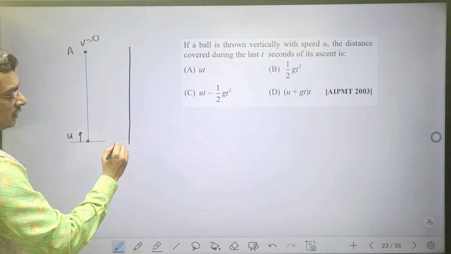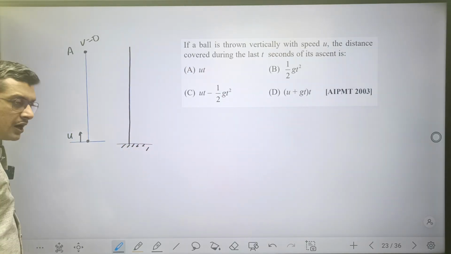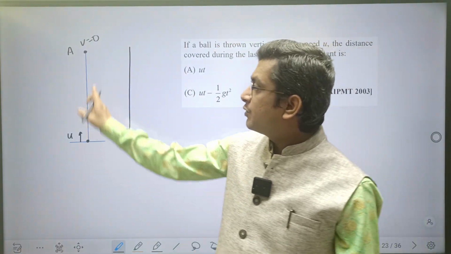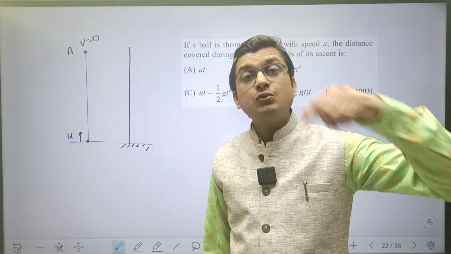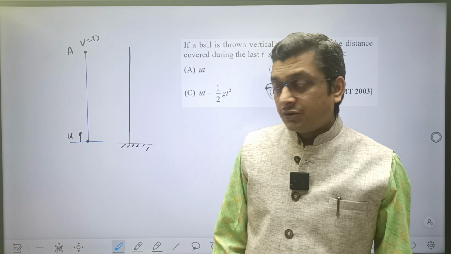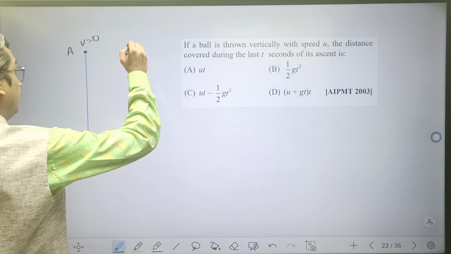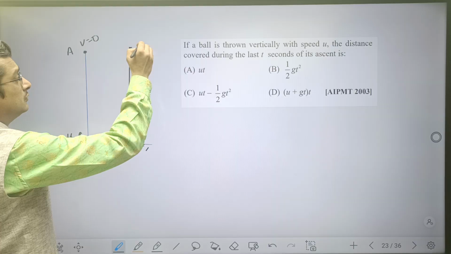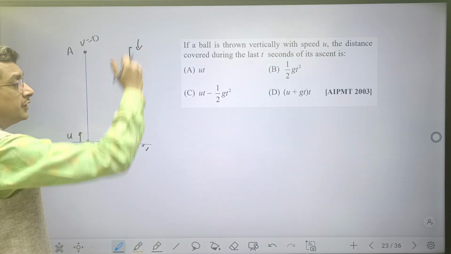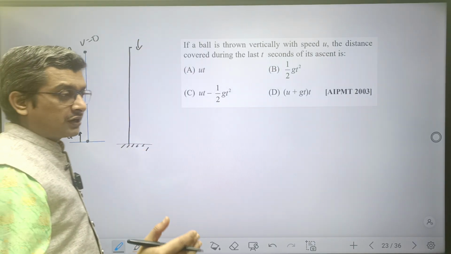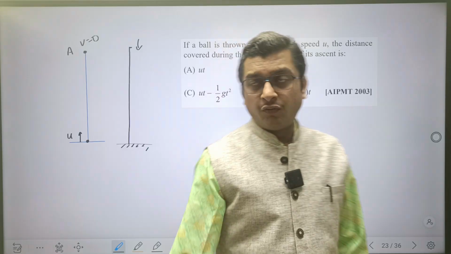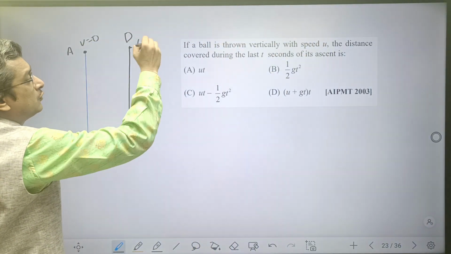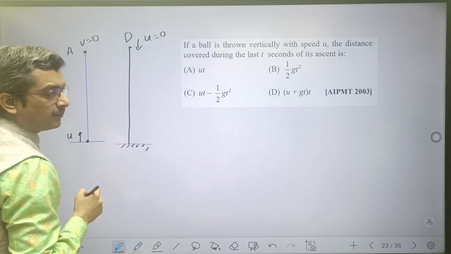So always remember, suppose I ask you what is the distance covered by the ball during its upward journey in the last 2 seconds of its journey. It will be equal to the distance covered by the ball when it falls freely during the first 2 seconds of its journey, isn't it? For example, if you drop a ball from this point D, drop a ball means initial velocity is 0.